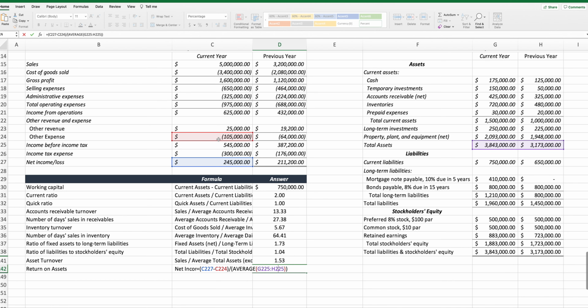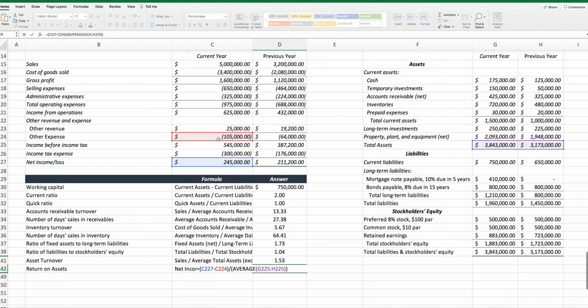This is my interest expense. And then I want to divide it by my average total assets, and you can see I picked up my average total assets over here. So I'm going to enter, and you can see that my return on assets is 10%.